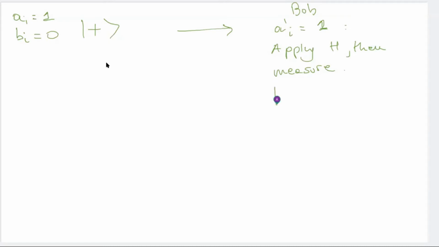Bob applies H to plus. This gives him 0, because H applied to plus is 0. And then when he measures, he's going to obtain outcome 0 with probability 1.